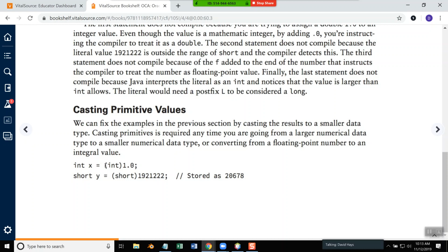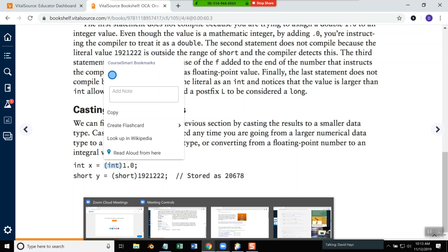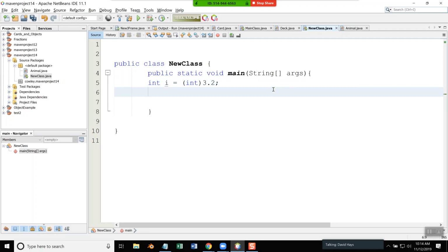Here's how you cast. You put beginning parentheses and then your data type and then closing parentheses in front of it. And there's some things you can't cast. Now this right here is going to work fine.